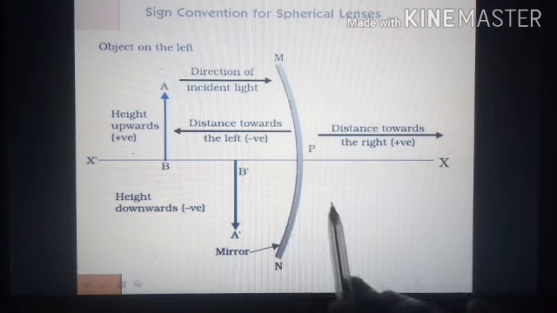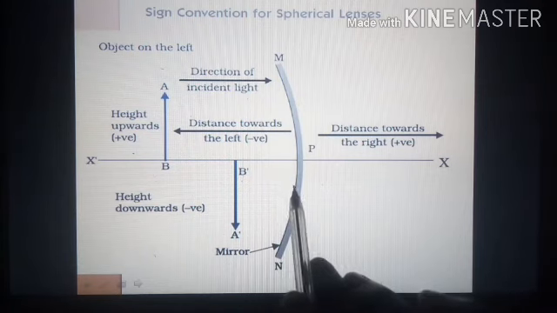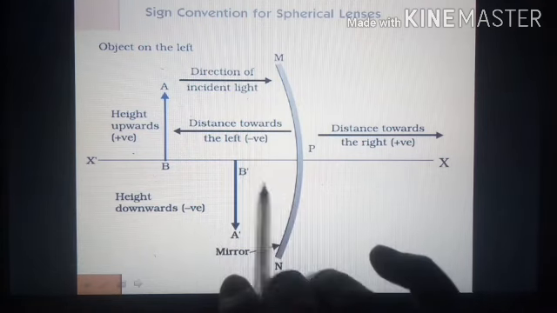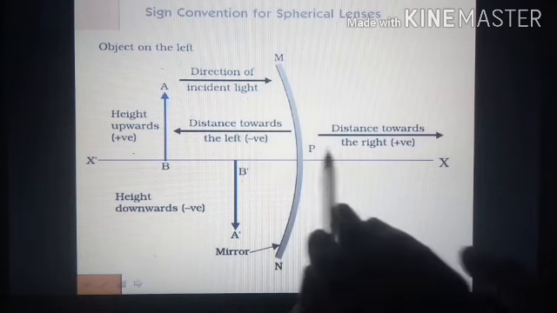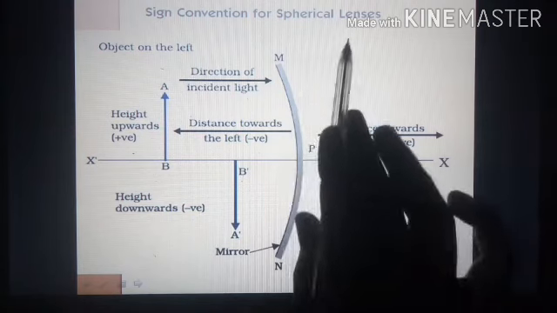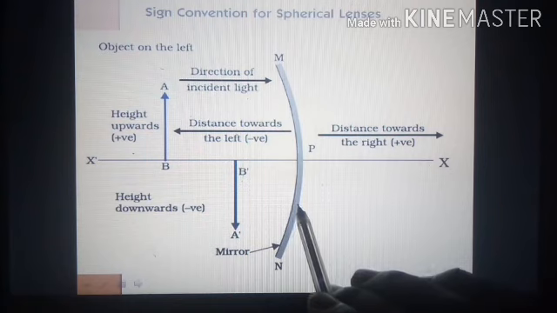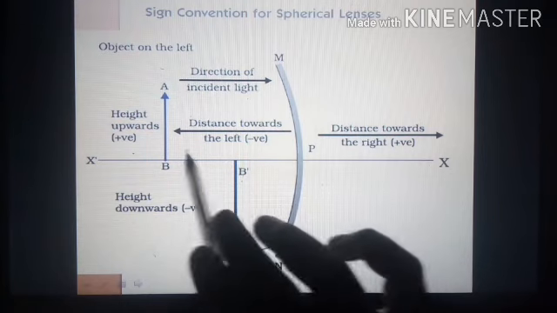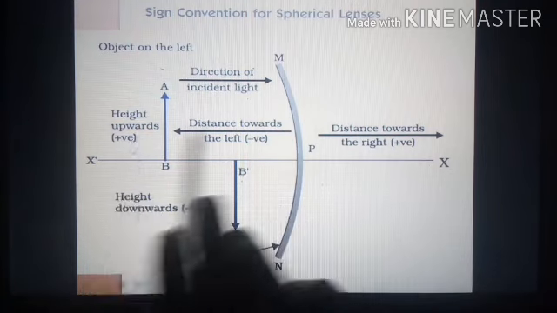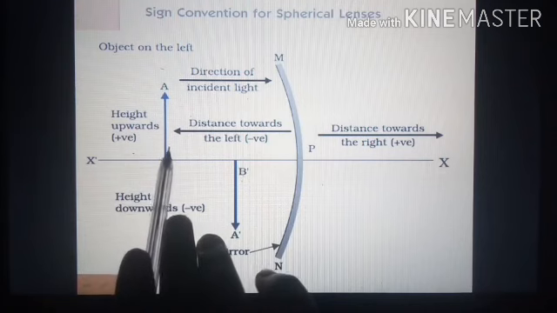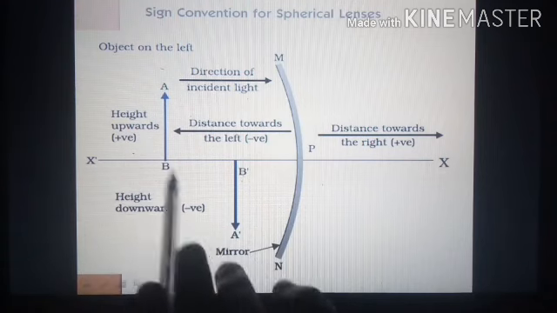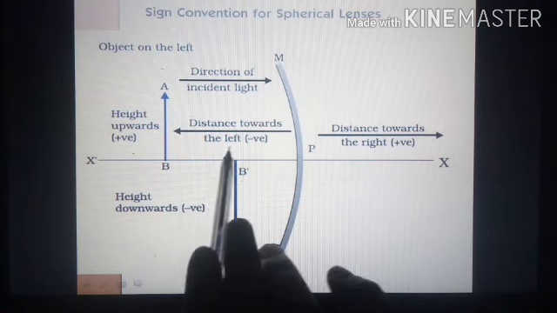For these 5 quantities we have to consider a sign convention. It is similar to spherical mirrors, and the same formulas are applicable to spherical lenses. Here the distances are taken from the optical center; the object is always placed on the left side and above the optical axis. So the object distance is always negative.